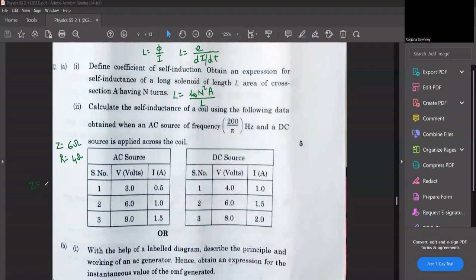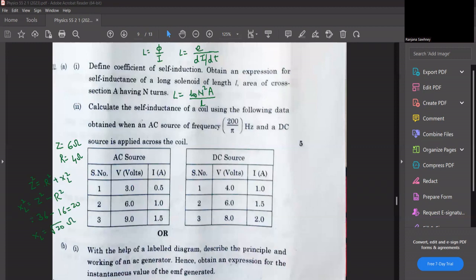Z is equal to under root R square plus XL square, or Z square is equal to R square plus XL square. So from here we can find out XL square, which is equal to Z square minus R square. That is 36 minus 16, which is equal to 20. So XL is equal to under root 20 ohms.